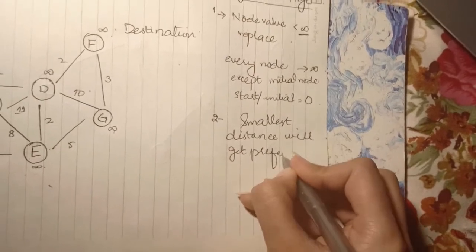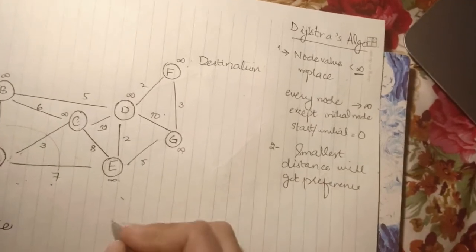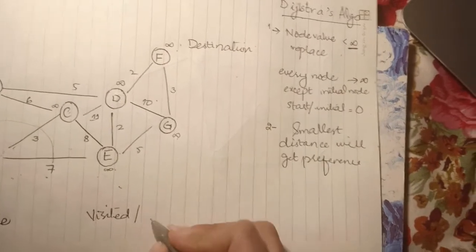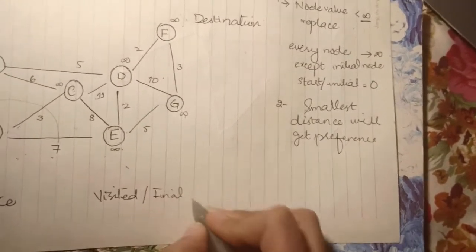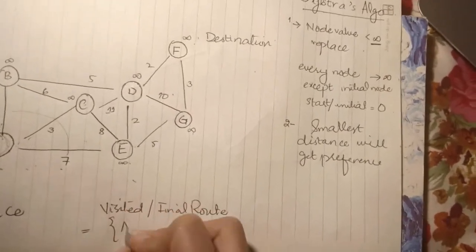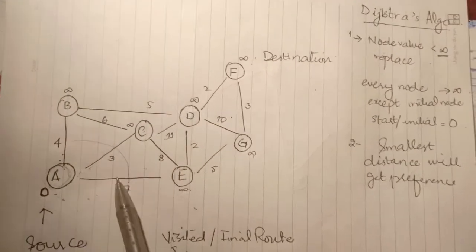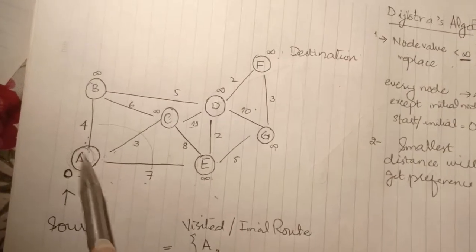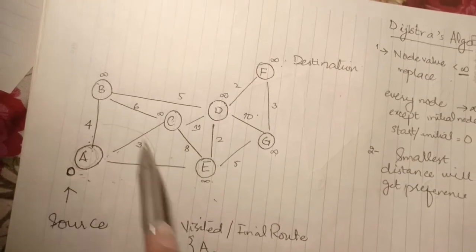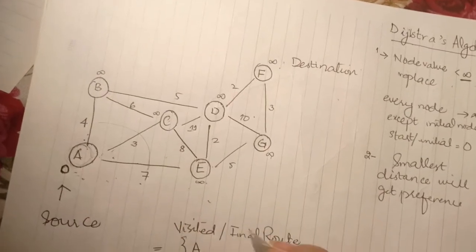Like while you are making your visited array or final route, the first node is our A point, and to go to the next node we'll consider which node has the smallest value. So you'll see, to compare 3, 4, 7, the smallest is 3. So from A we'll go to C.